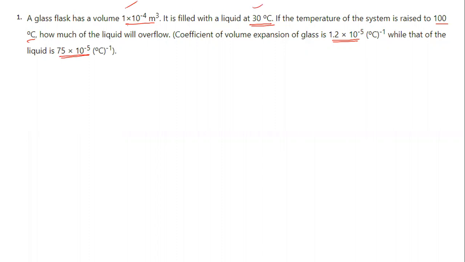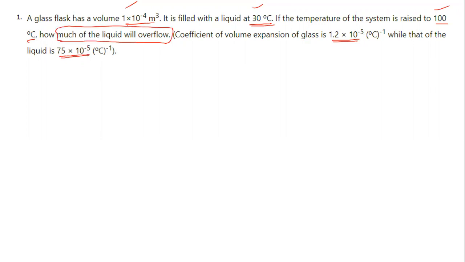The temperature given is 30 degrees and it is raised to 100 degrees Celsius. Both the liquid and the glass flask expand, and due to that some liquid may overflow. How much liquid overflows, that you have to find out.